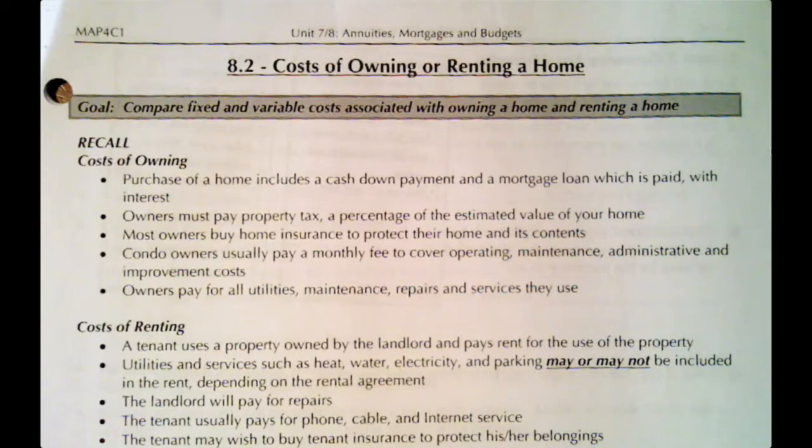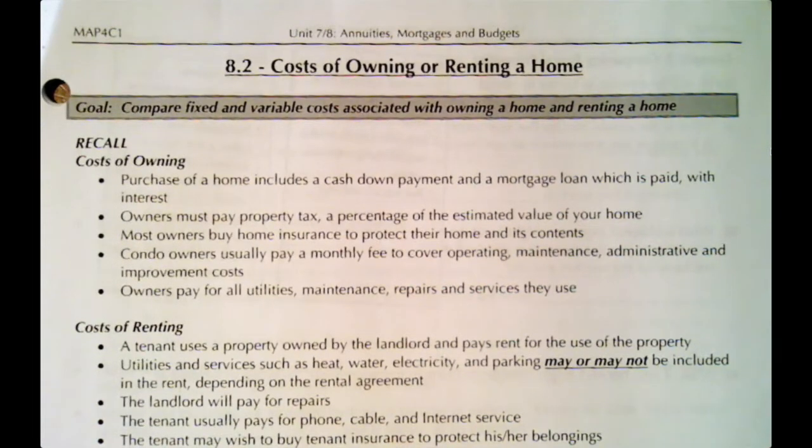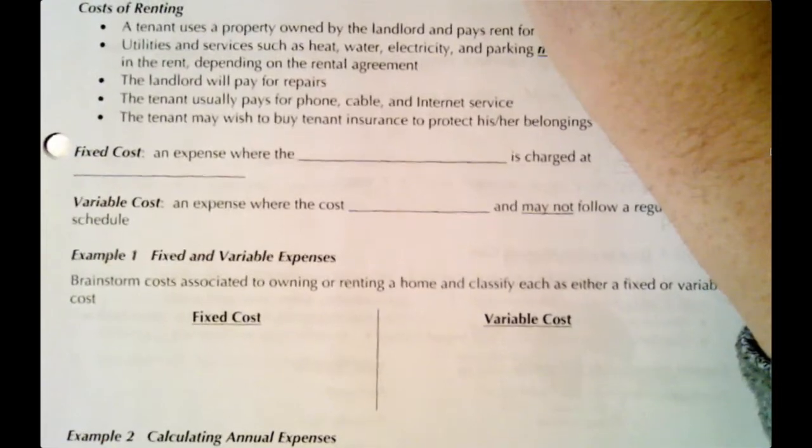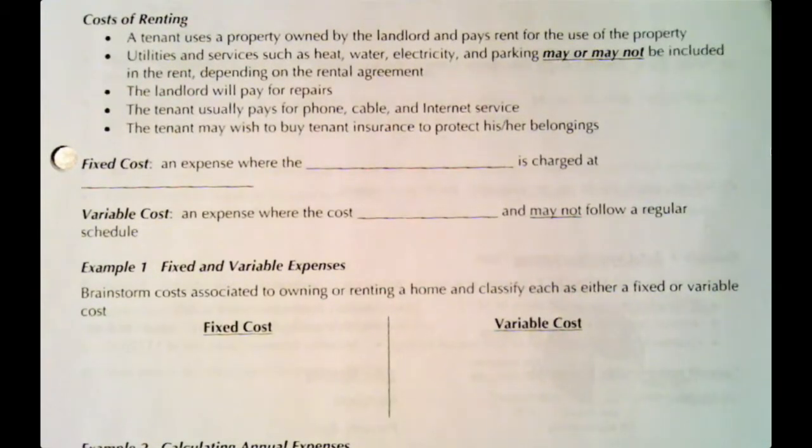Now, when owning or renting a home, it's really important to come up with a budget and look at your costs and what your income is and try to balance that. And that's going to be the emphasis of the next lesson, but we're going to dive into some of the concepts in this lesson as well. When looking at costs, there are two types of costs. There are fixed costs and variable costs.